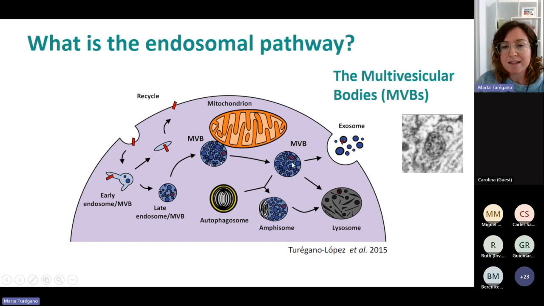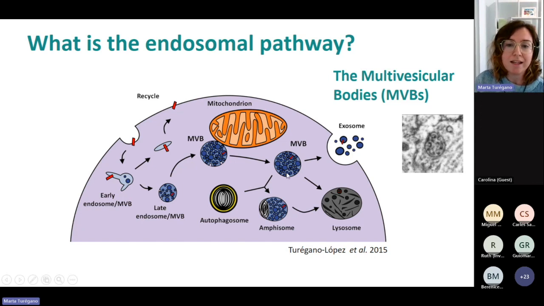And it's typical too that they can fuse with other organelles from the autophagy pathway called autophagosomes, and we can find hybrid organelles with a vesicle content and a multilaminar content called amphisome. It's a hybrid organelle fused by autophagy pathway and endosomal pathway.